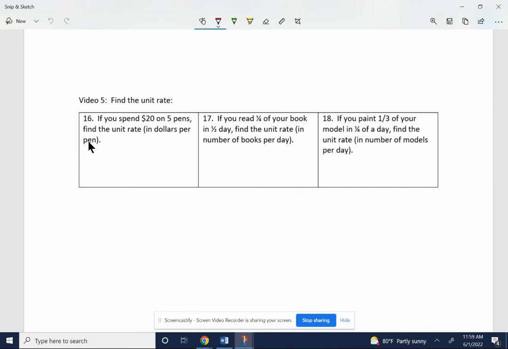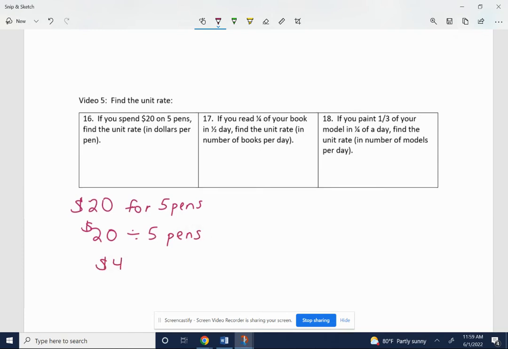So problem 16. If I have $20 for 5 pens, and I want to know the number of dollars for 1 pen, the number of dollars per pen, just divide. So I'm going to take $20 divided by 5 pens. 20 divided by 5 is 4.